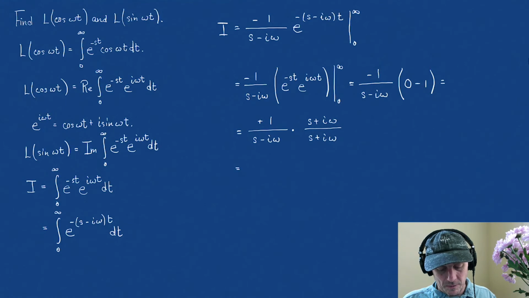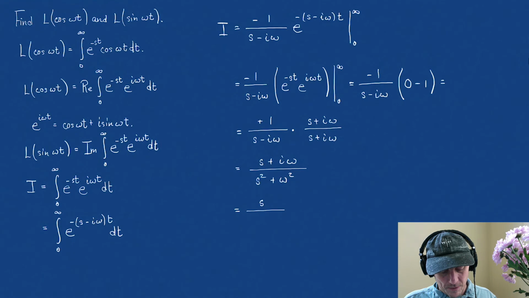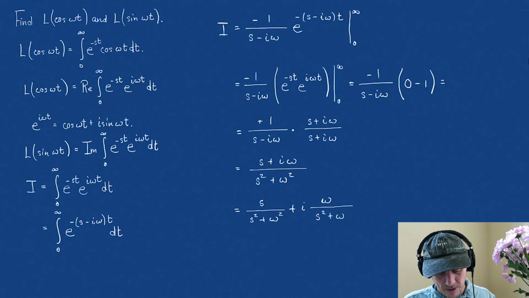This is going to give me s plus I omega over s squared plus omega squared. And then now look at what we've got. Now we've got s over s squared plus omega squared plus I times omega over s squared plus omega squared.